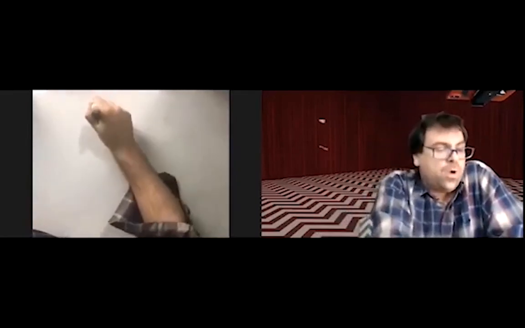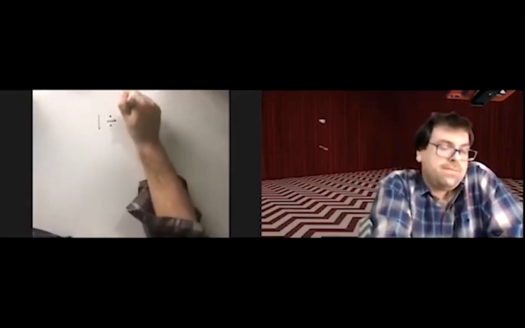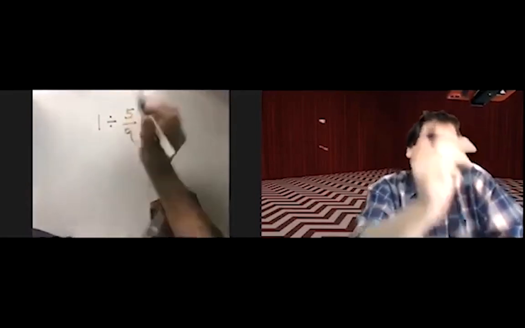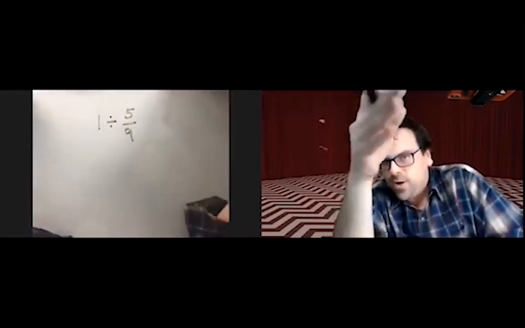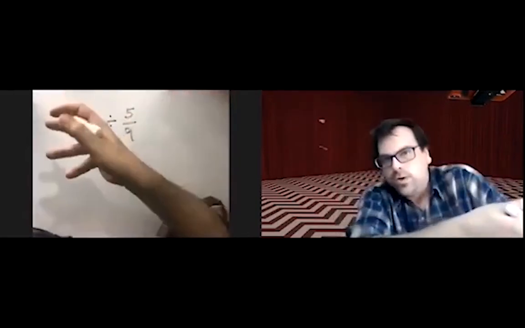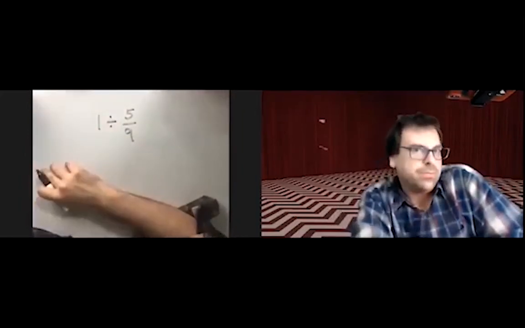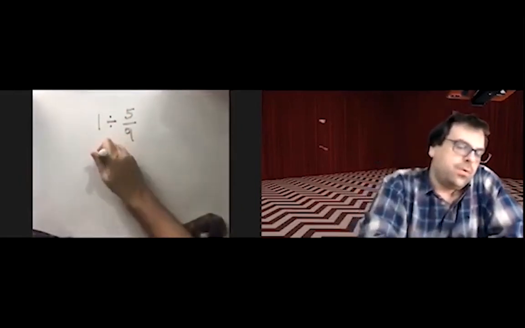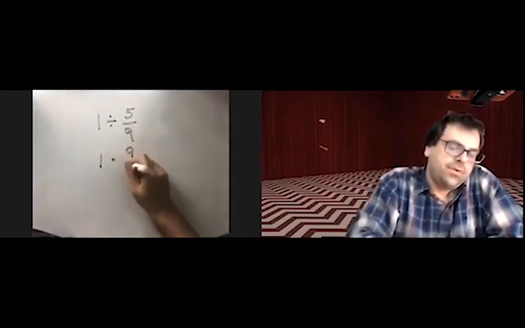How about if we had 1 divided by 5/9? Well, just because anything divided by 1 is itself does not mean it works the other way. 1 divided by something is completely different. To see this, we would go keep, change, flip.